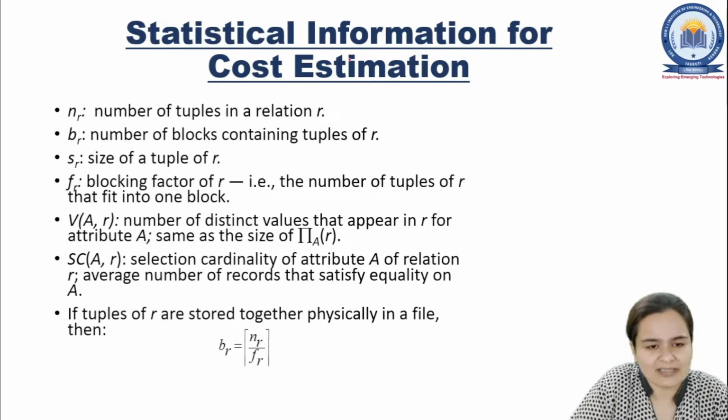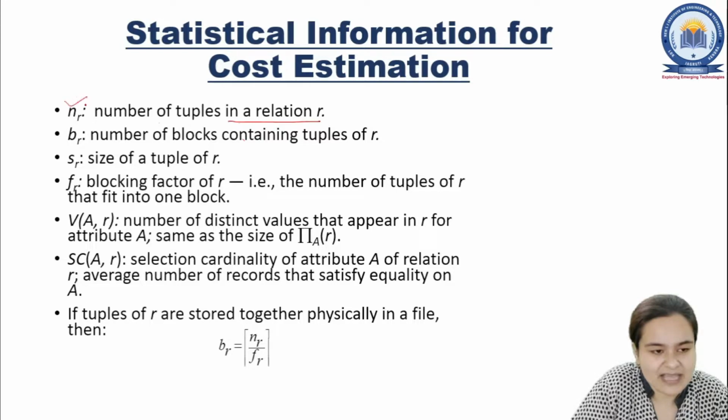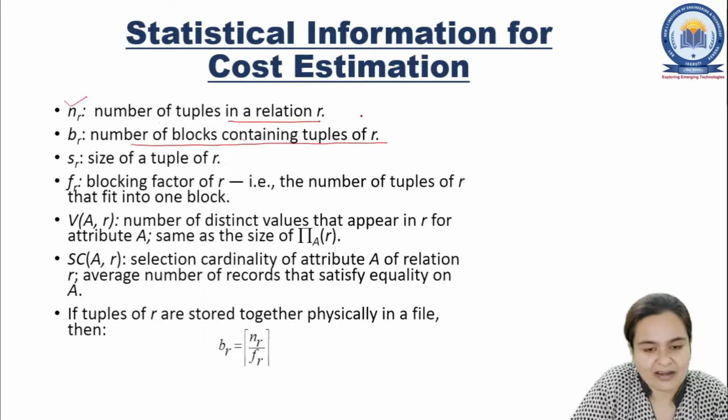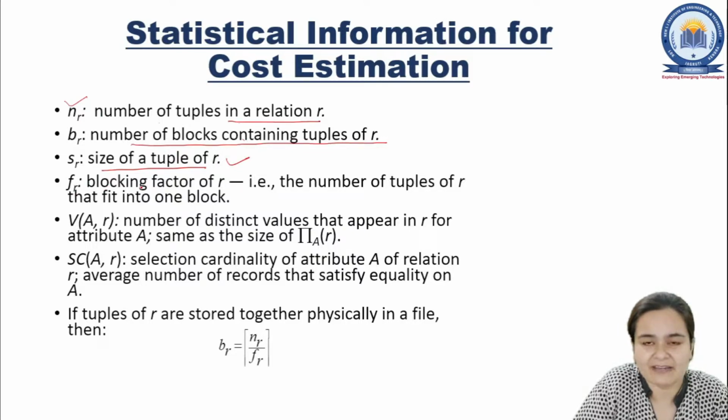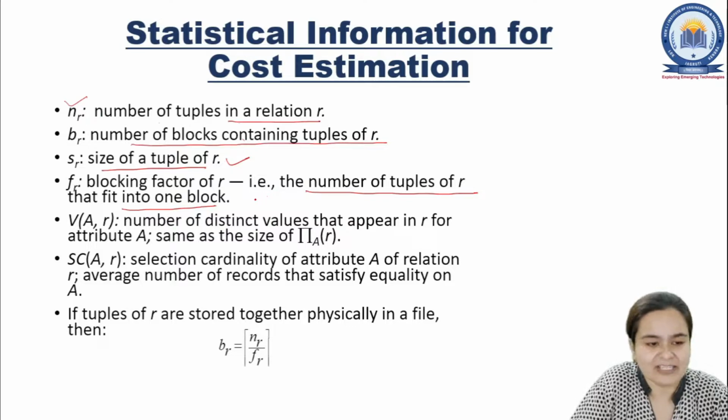The statistical information required to estimate the cost includes the number of tuples in a relation R, represented as n of R, and the number of blocks that contain the tuples of R, as we have already discussed. Secondly, we have the size of tuples of R. Then we have the blocking factor, which represents the number of tuples of R that fit into one block, that is, the capacity of the block.